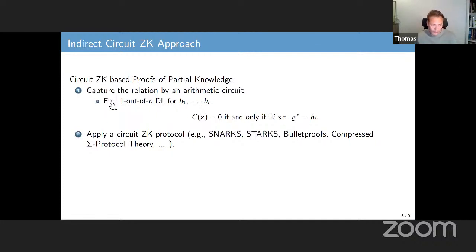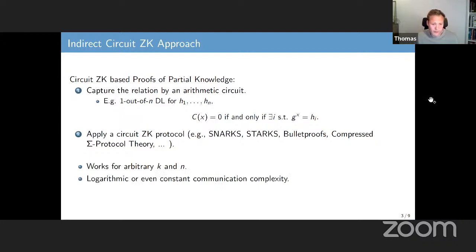For example, if we wish to prove knowledge of 1 out of n discrete logarithms, we can construct a circuit that evaluates to 0 if and only if the input x is the discrete logarithm of one of the n group elements. If we capture the relation by an arithmetic circuit, then we can apply a circuit zero knowledge protocol, for example SNARK, STARK, or bulletproofs, and then we immediately get a proof of partial knowledge.